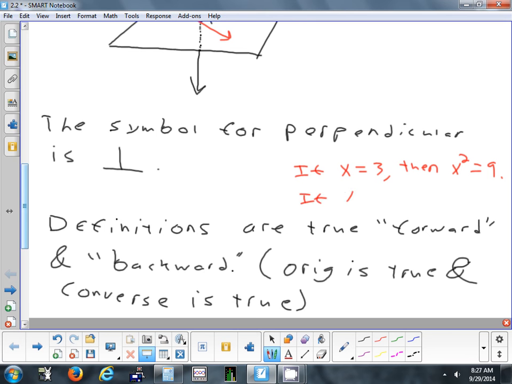If x squared equals 9, then x equals 3. Why is this one not true? Exactly. If x squared equals 9, you don't necessarily have to square 3. You could have squared -3. -3 times -3 is also 9. So this is not a definition because it's not true forward and backward. If it was true forward and backward, then it would be like a definition.